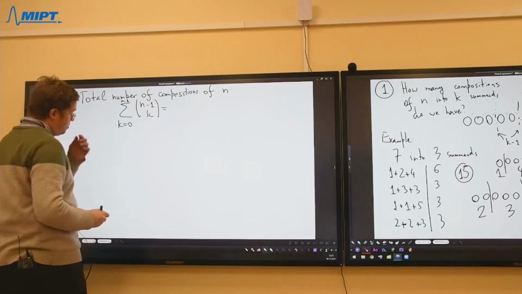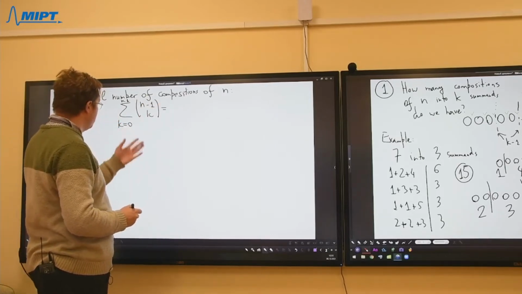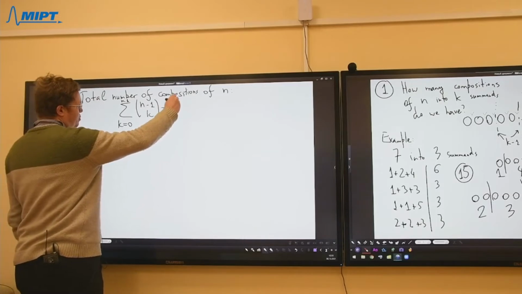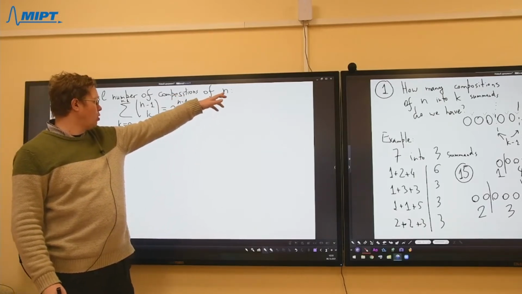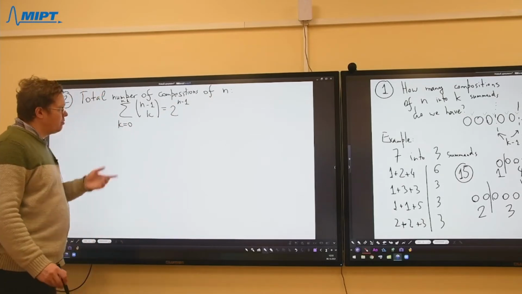And from the combinatorics identity, you know that this is nothing but 2 to the power n minus 1. So we have the formula for the total compositions of n into natural sums.